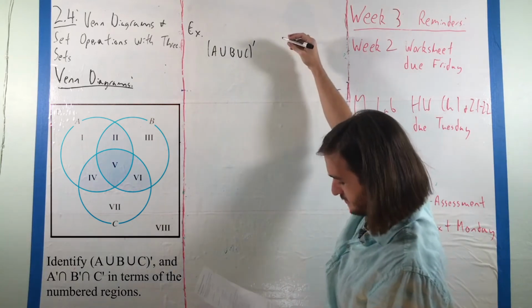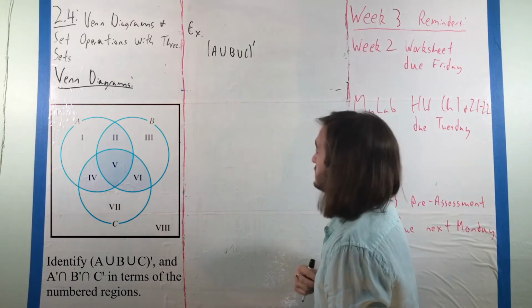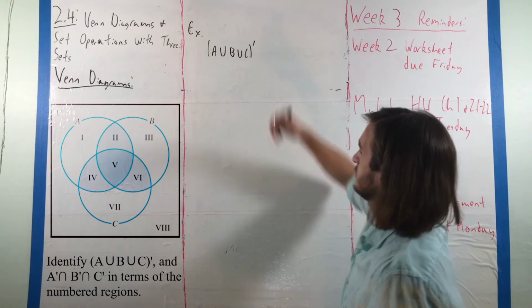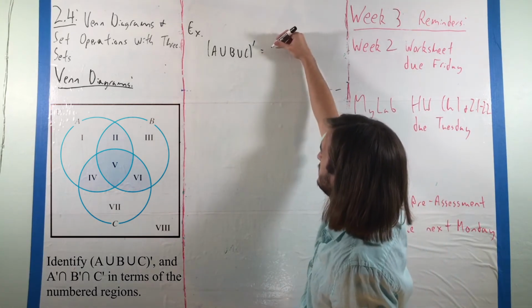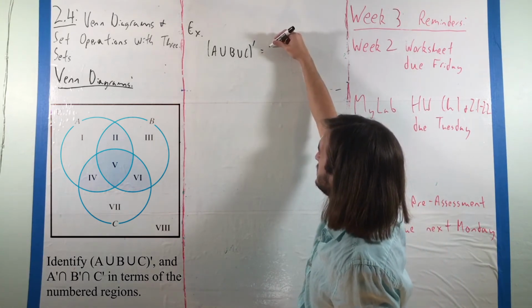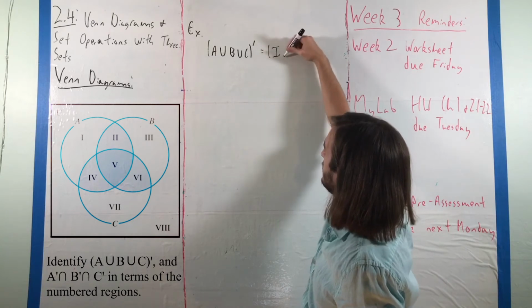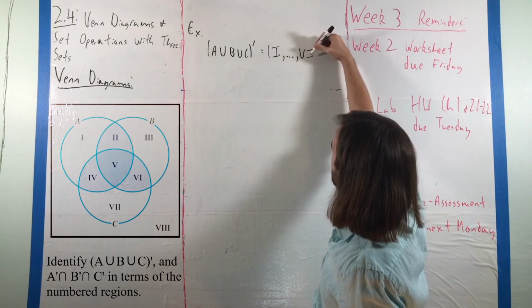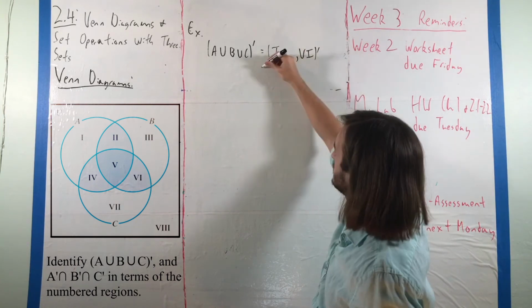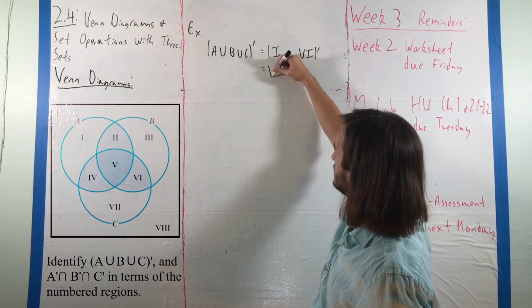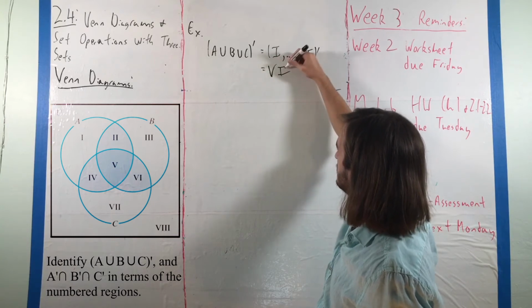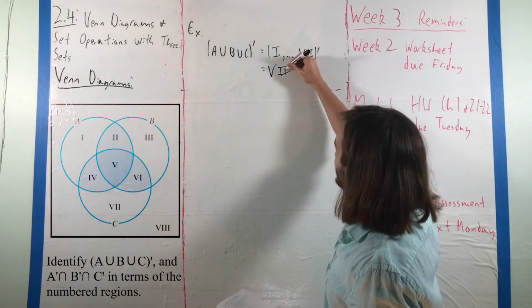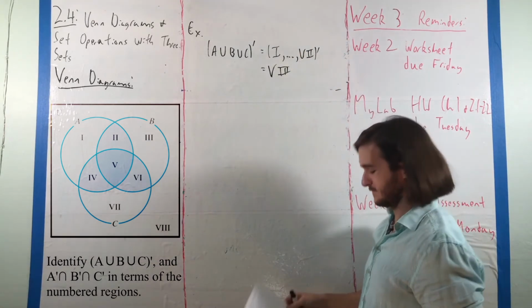This is kind of terrible notation to write it this way, but we can essentially say this as being 1 through 7 complement, which ends up just being the region 8.